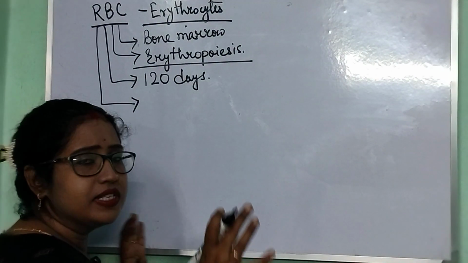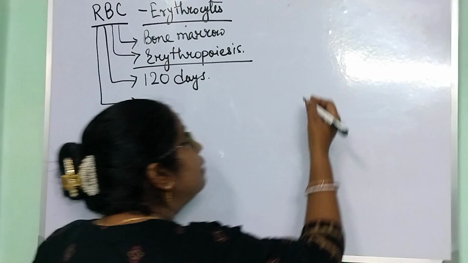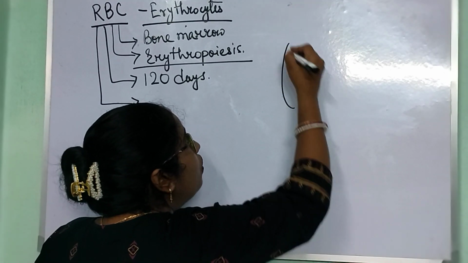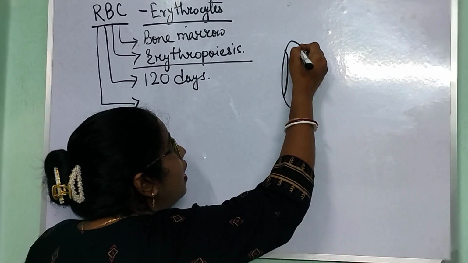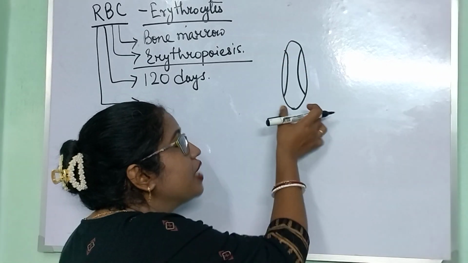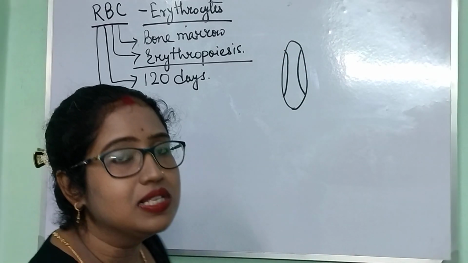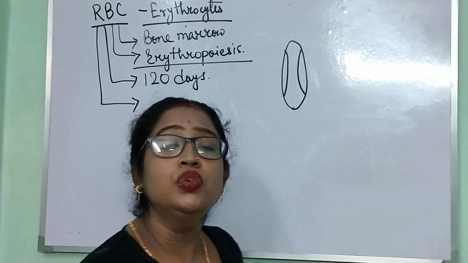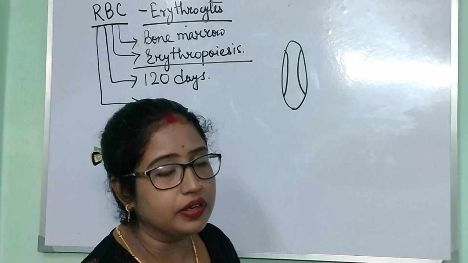Now firstly discuss the structure of RBC. The RBC is biconcave. RBC looks like this. RBC is a biconcave disc shaped cell that doesn't have any nucleus in its content.